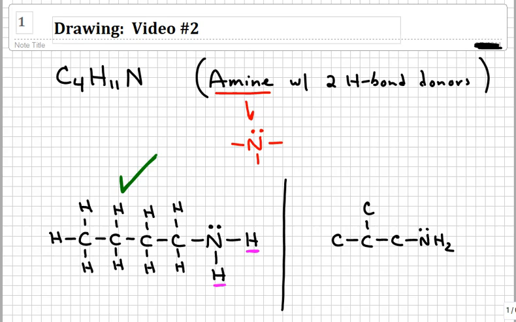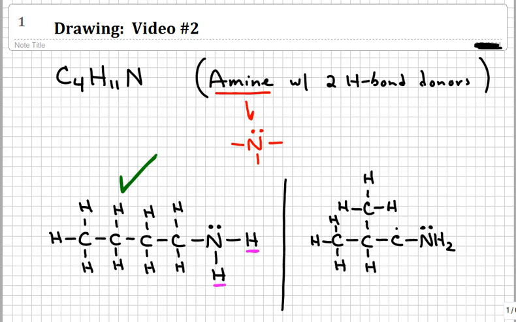Okay, and I'm going to draw the amine group in its condensed form, which you'll see sometimes. But that still means there's 2 hydrogens on this nitrogen, so that's the 2 hydrogen bond donors. That's legitimate. And then I'm going to draw in the carbons, drawing the hydrogens on the carbons like this.